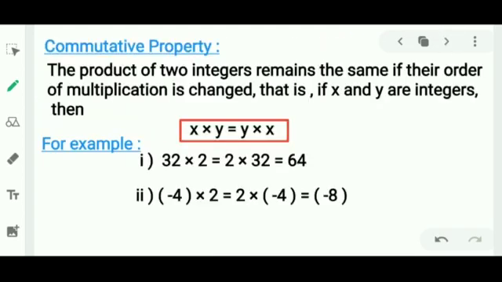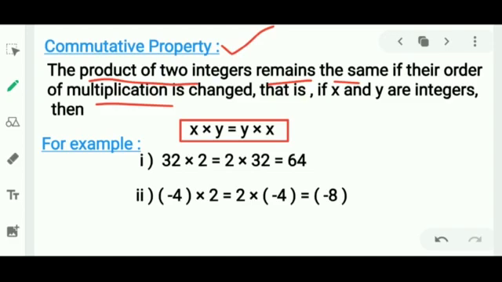The next property, as you know, is commutative property. What is commutative property? The product of two integers remains the same if their order of multiplication is changed. So in properties of multiplication, we can change the order, but the answer remains the same.